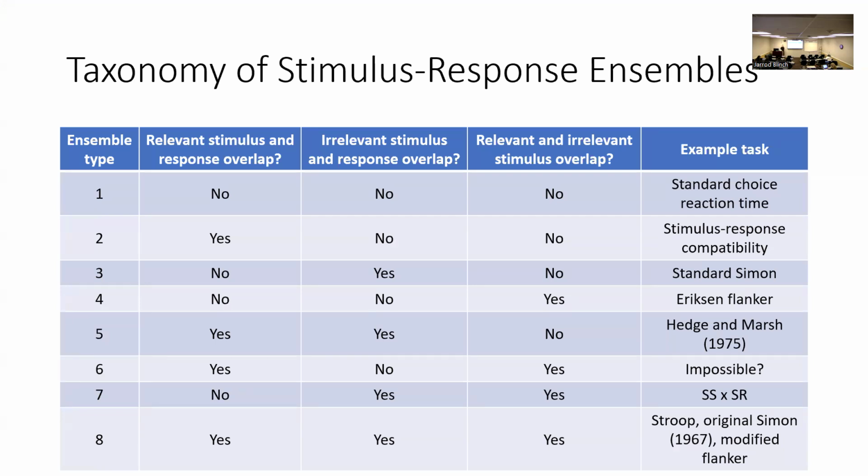So this is Professor Kornblum's taxonomy of reaction time tasks. And I'll explain this table because it definitely appears a bit complicated at first. He's saying here there are 8 different types of reaction time tasks. The way they're differentiated is whether these 3 columns are no or yes.